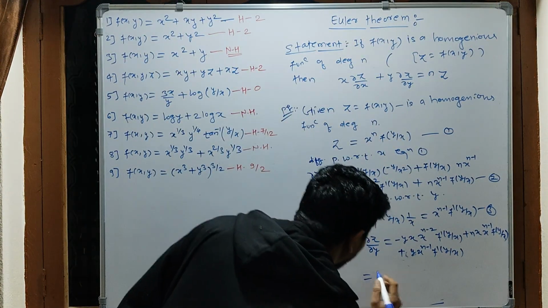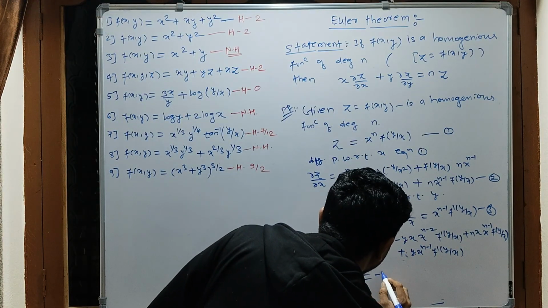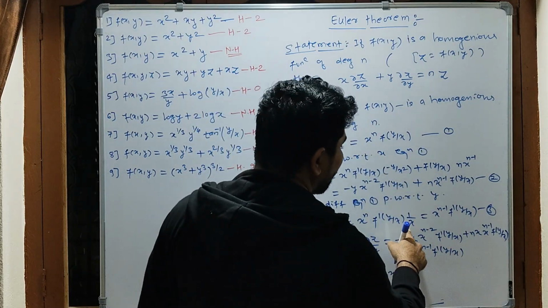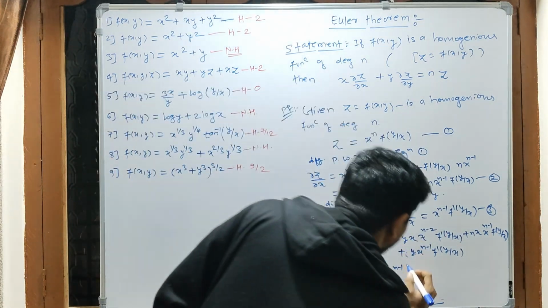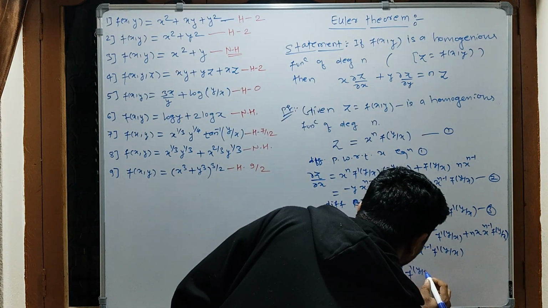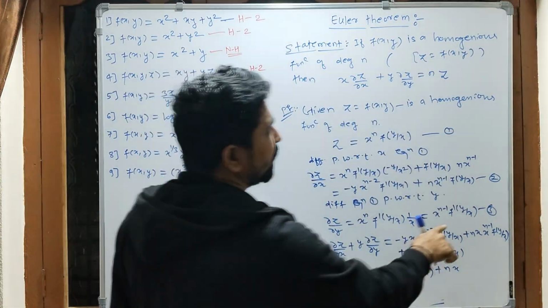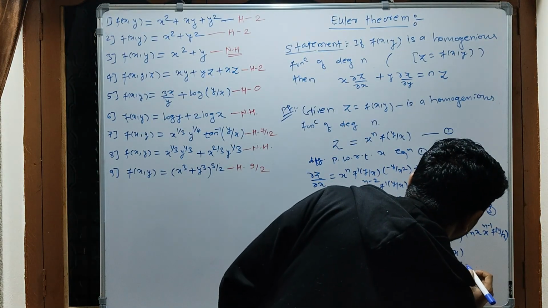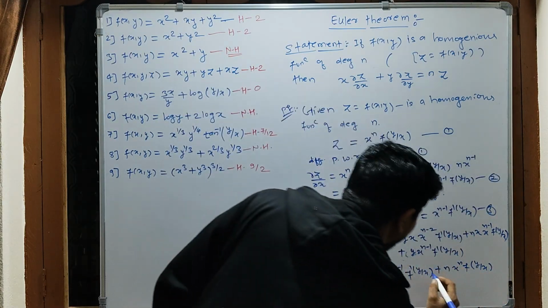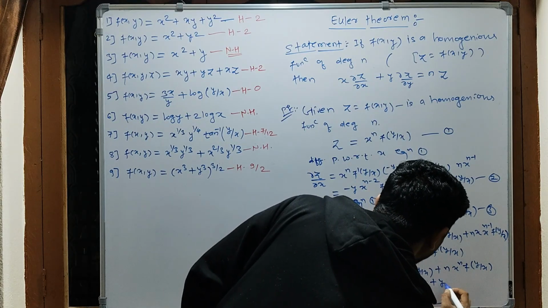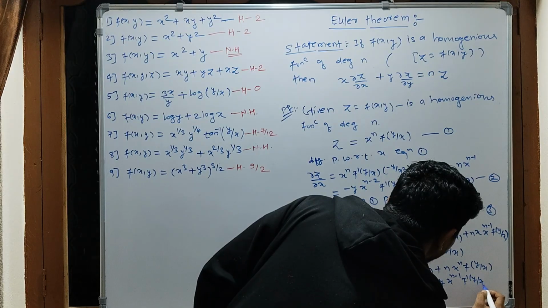Now x dou z by dou x plus y dou z by dou y is equal to minus y times x to the power n minus 1 f dash of y by x plus n times x to the power n f of y by x, plus y times x to the power n minus 1 into f dash of y by x.